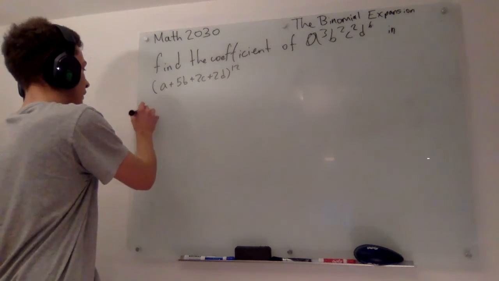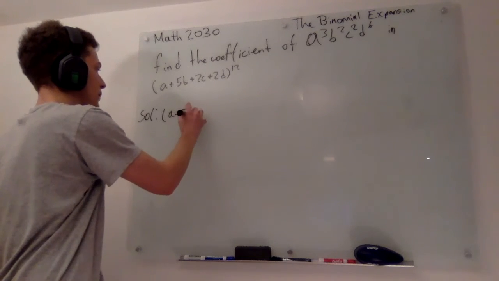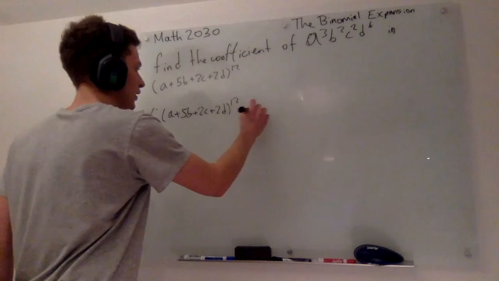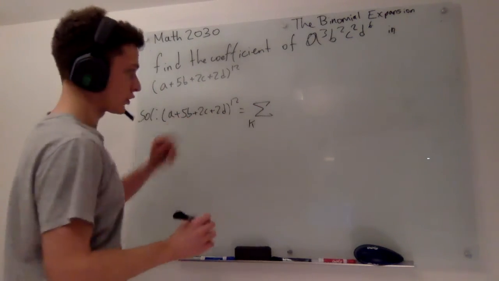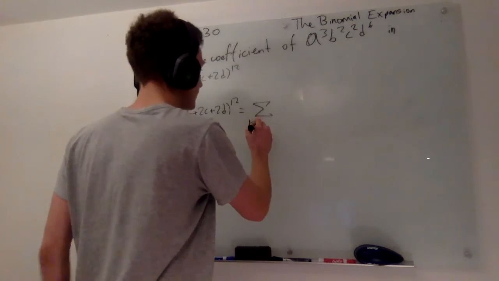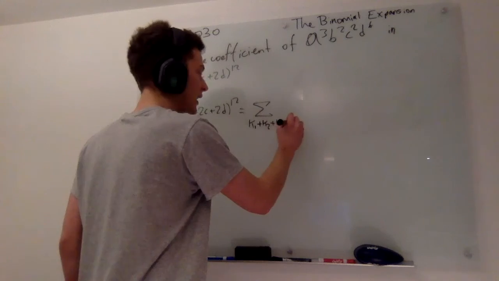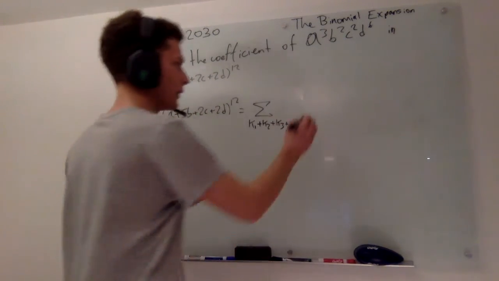We have a plus 5b plus 2c plus 2d to the 12. Using our formula, we'll have the sum of, we have 4 terms, so we're going to have 4 k's, k1 plus k2 plus k3 plus k4, summing to 12.